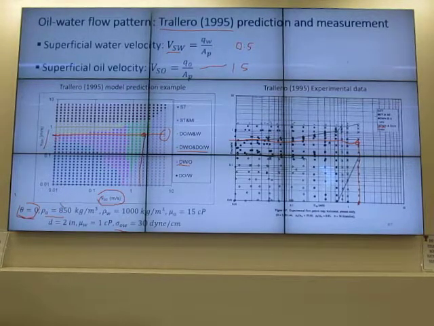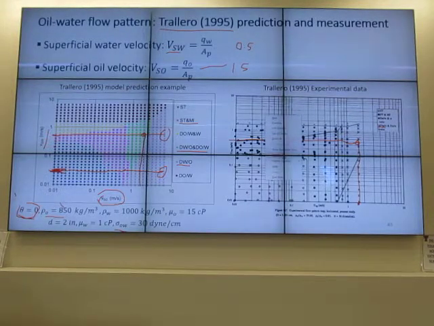If we have less oil, it becomes dual dispersion and it may become stratified. So if we start at this point, at stratified flow regime, and add more oil, we get stratified with mixing at the interface. Add more oil, we get dispersion of water in oil. Does it make sense to you?